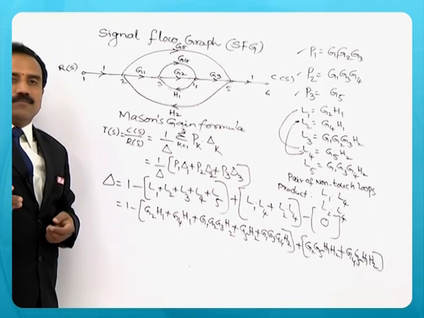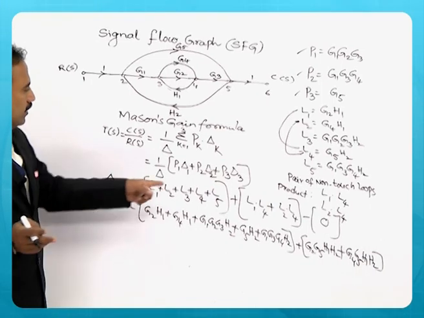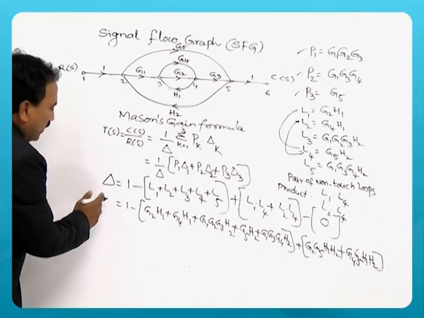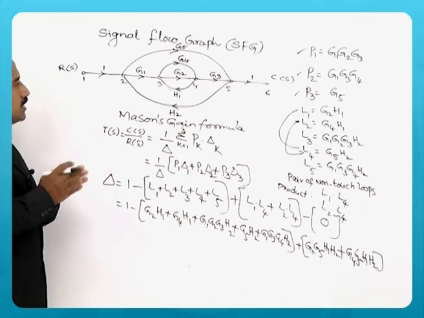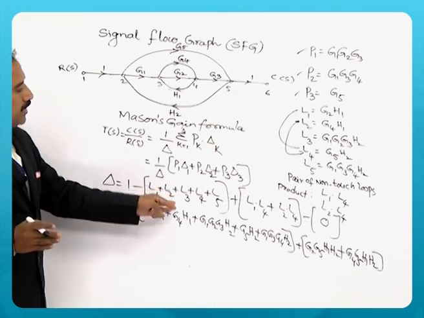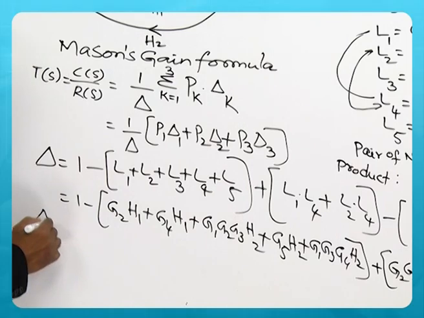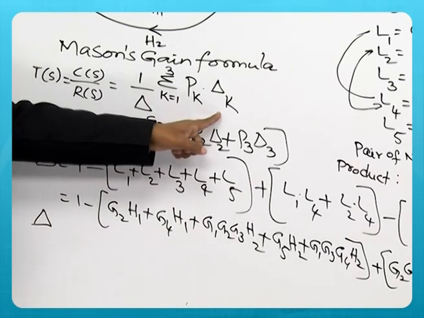Very simple. Now delta k, or delta 1, delta 2 and delta 3. Once you have got delta, which is 1 minus loop gains plus pairs of non-touching loops and so on, what is meant by delta k?